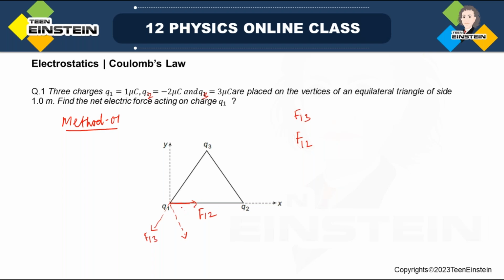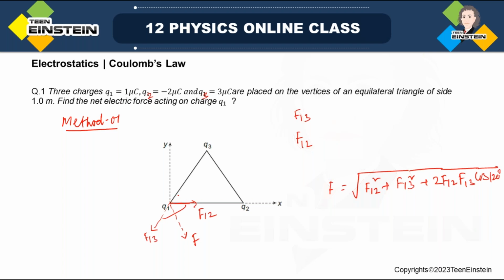We will be using the vector formula in this case. The magnitude of this force will be the square root of F12 squared plus F13 squared plus 2 F12 F13 cos of the angle between them, and this angle is 120 degrees, as you know very well.